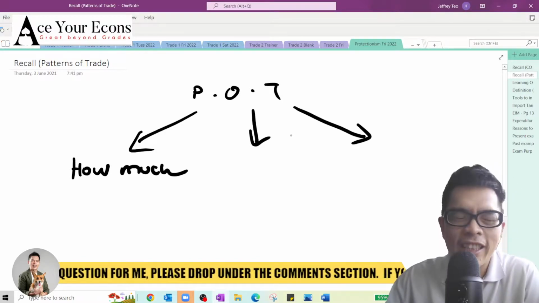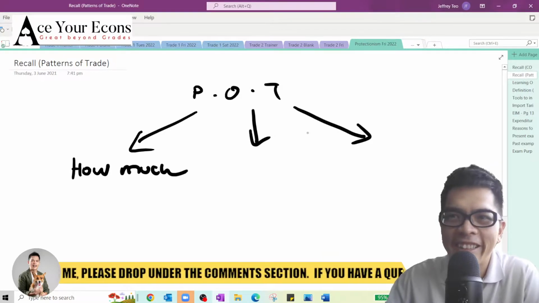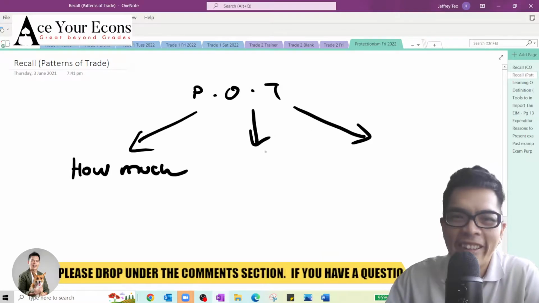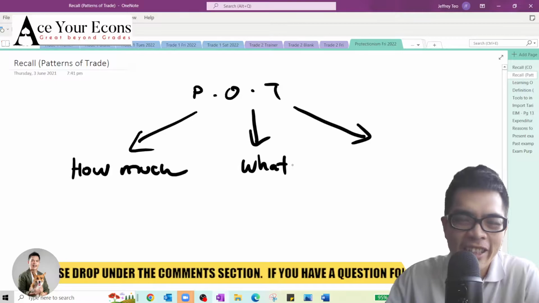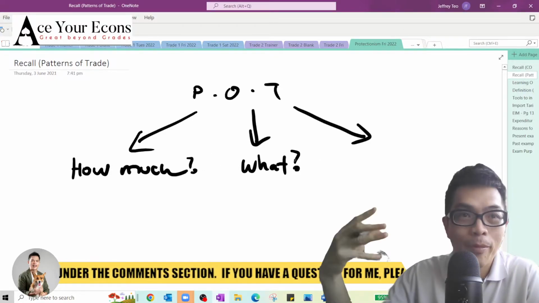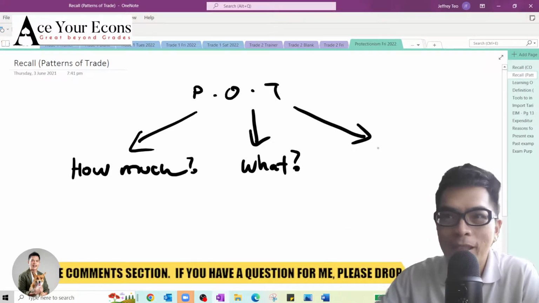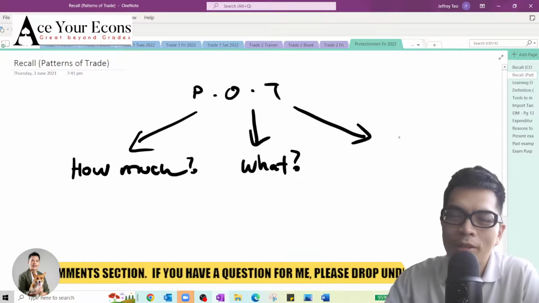How much goods and services are exchanged in the form of import and export? What about the other two? Okay, great, Aiden. Continue. What's the composition of the good? Within your how much, we need to know what is imported and exported as well, right? The last one. Nope, nothing to do with price.